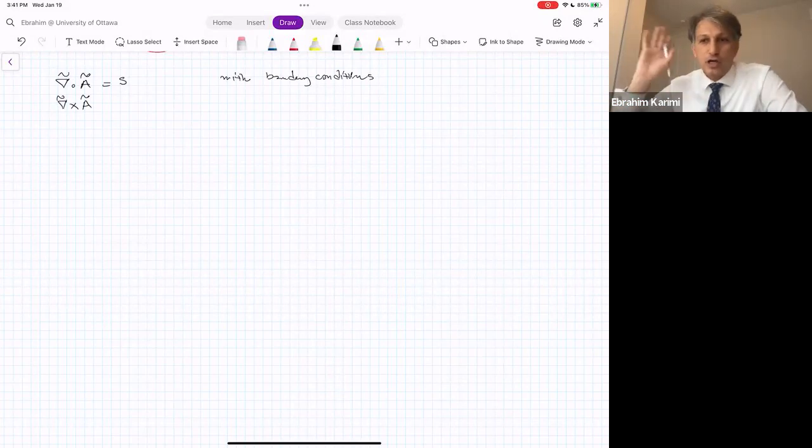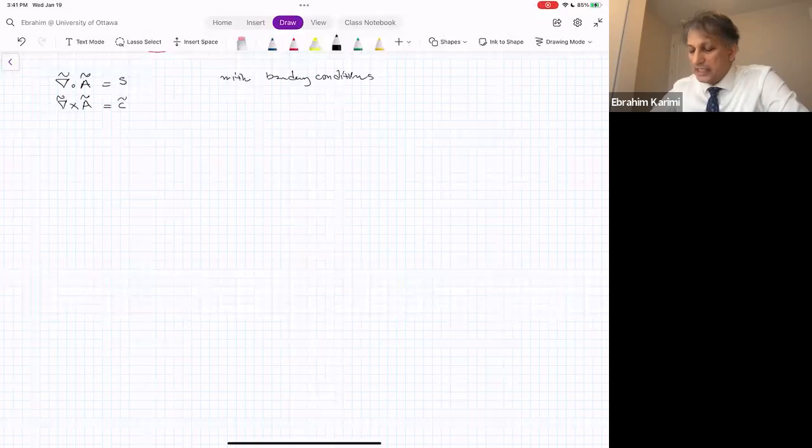That can be a function of position and time. I don't care about the time because it's a little bit complicated. And the curl of A, which is the circulation, is also defined in space.